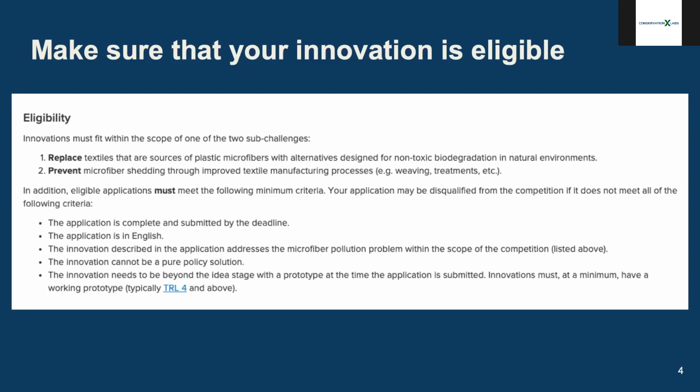The innovation cannot be a pure policy solution. The innovation needs to be beyond the idea stage, with a prototype at the time the application is submitted. At a minimum, if there's a prototype, the minimum technology readiness level, or TRL, is usually 4 and above. I'll go through this on some slides later.